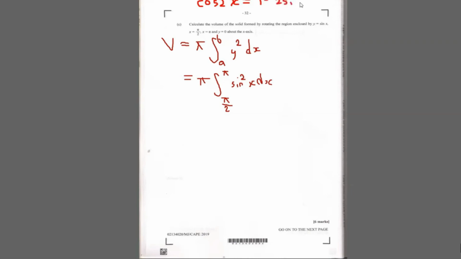From this, we can make sine square x the subject, so sine square x is equal to 1 minus cos 2x over 2.